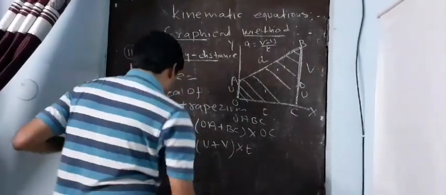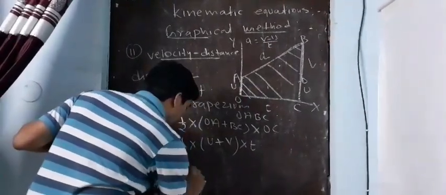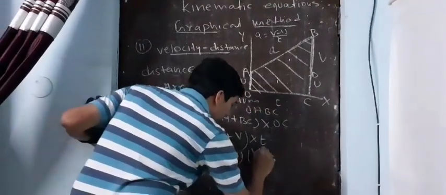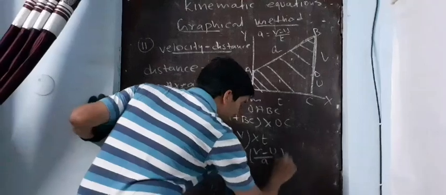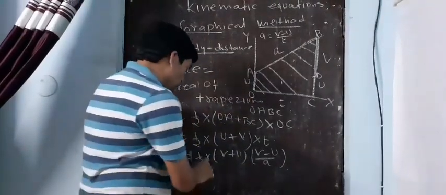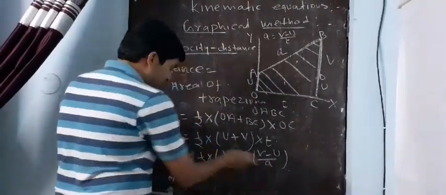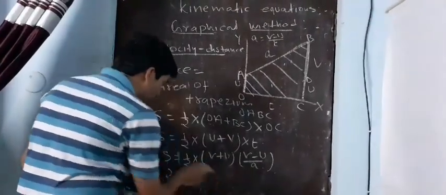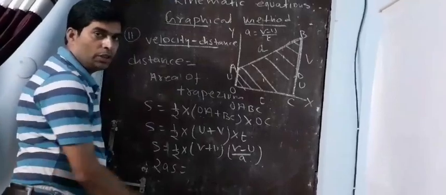Yes. So S equal to half, it's U plus V or V plus U, and now it's V minus U by A. So 2a we are keeping on the left hand side. So it's 2as. We have brought this 2a to the S side. So it is multiplied.